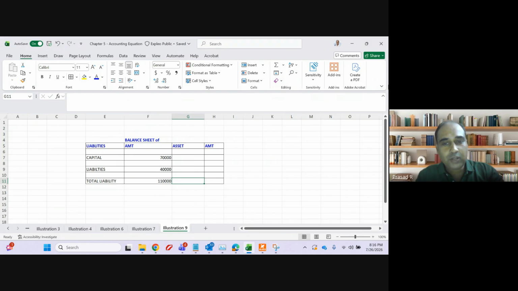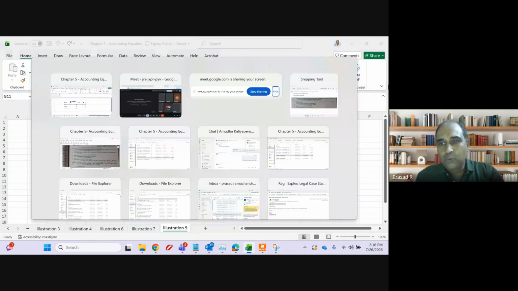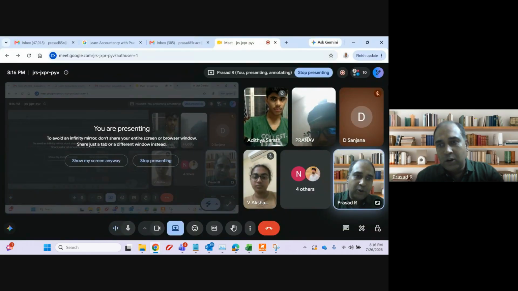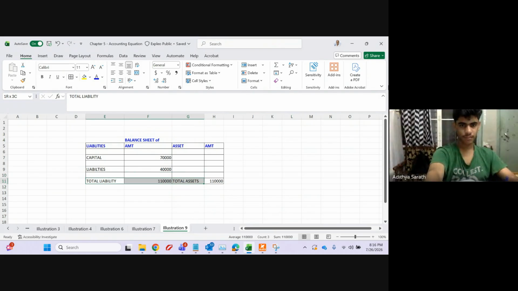So how much should be my total asset? Sir, is that opening capital or closing capital? Always assume, if nothing is given, it is closing capital. Now my total liability is 1,10,000, so total asset should be 1,10,000.